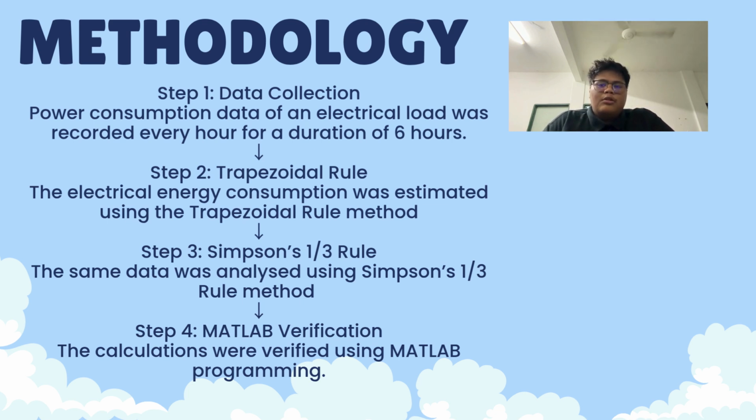This method approximates the area under the power versus time graph by dividing it into a series of trapezoids. In step 3, the same set of data was analyzed again using Simpson's one-third rule. This method uses parabolic curves to approximate the area under the graph, which generally provides higher accuracy compared to the trapezoidal rule.